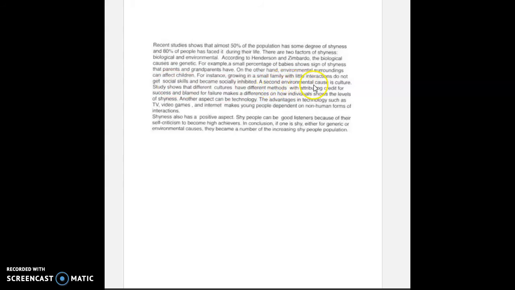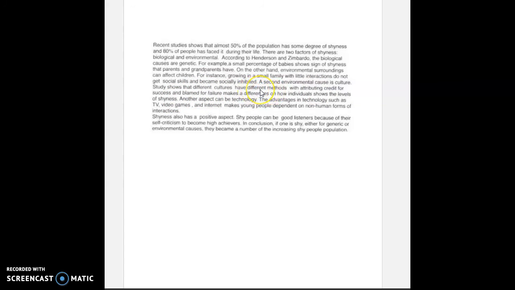A second environmental cause is culture. Okay, you need an article, a study or studies. A study shows that different cultures have different methods with attributing credit for success and blame for failure.